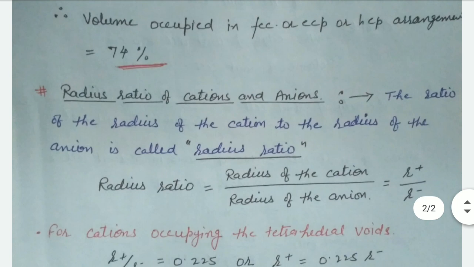We calculate the radius ratio by a formula. Radius ratio equals radius of cation upon radius of anion. Radius of cation is denoted by r positive and radius of anion is denoted by r negative.